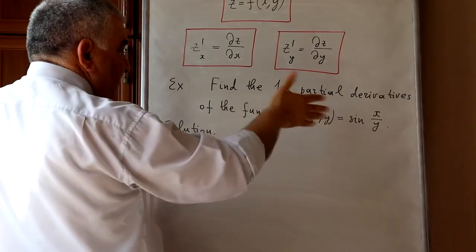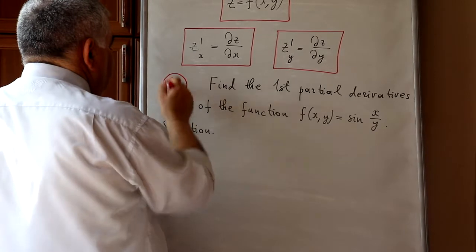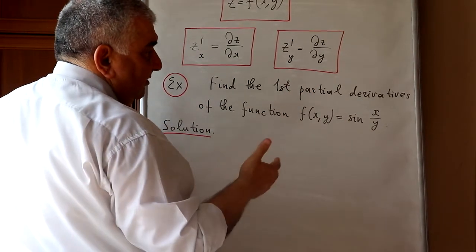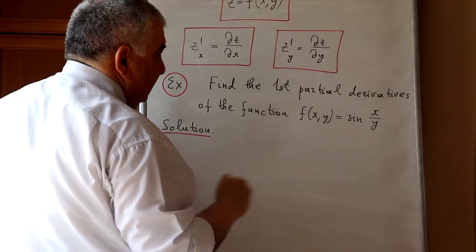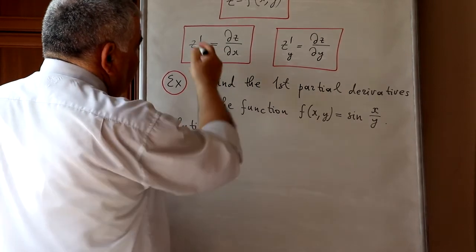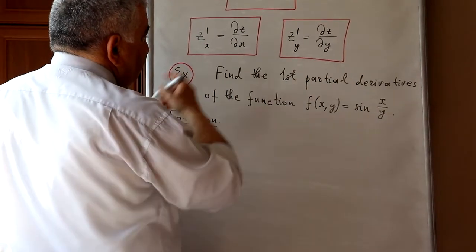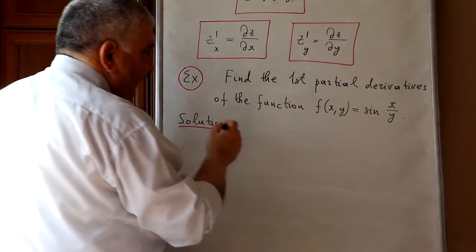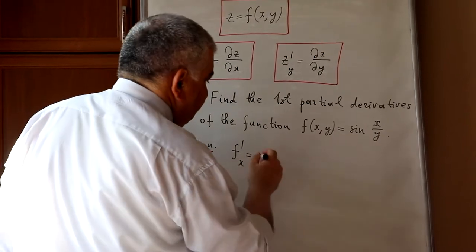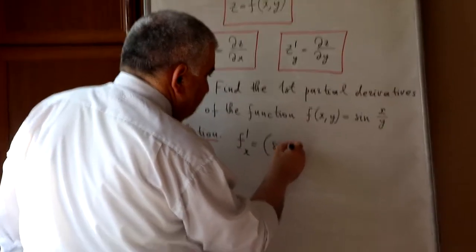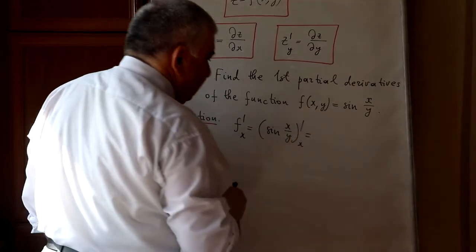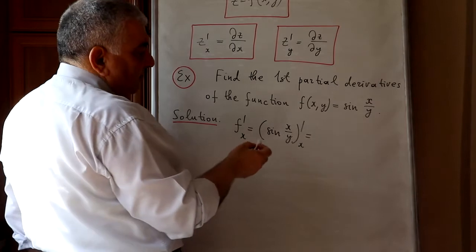Here this function is a composite function because the argument isn't simply x. First find the first partial derivative, f prime with respect to x. It is a composite function.